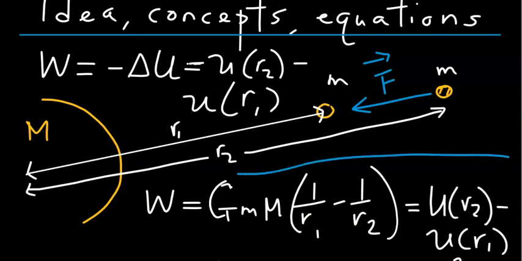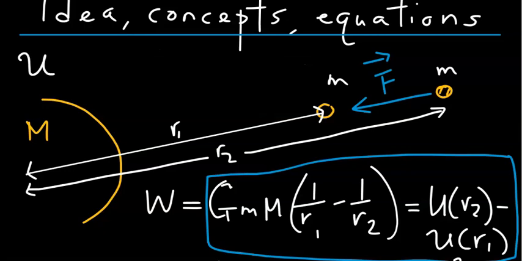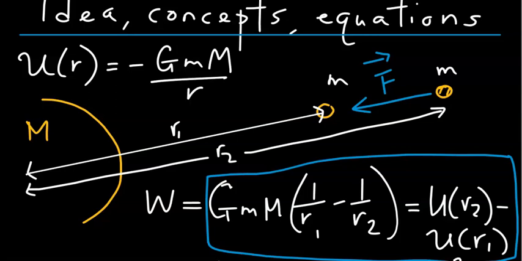By comparing these two sides of the equation, we conclude that the gravitational potential energy at some arbitrary distance is indeed given by the following result: minus G, the product of the two masses, over the distance between them.